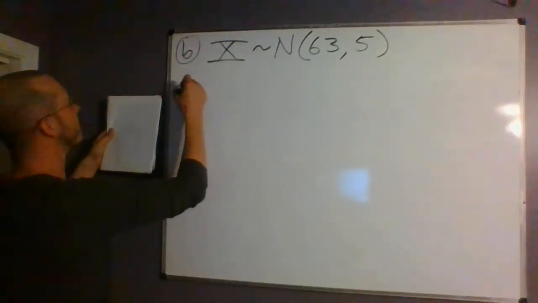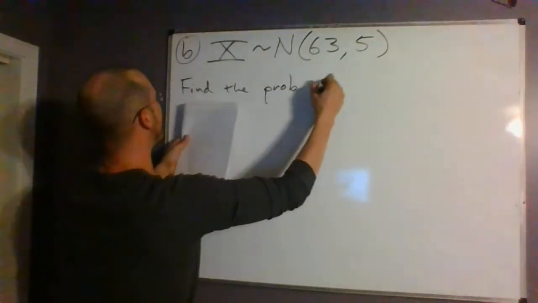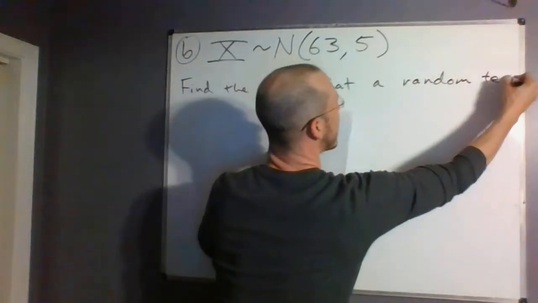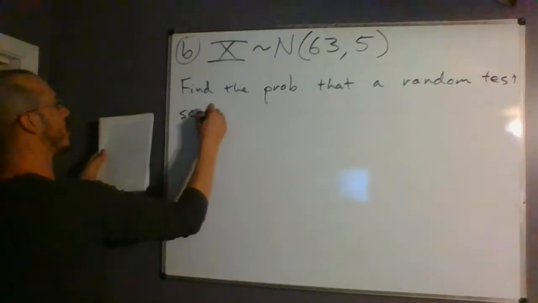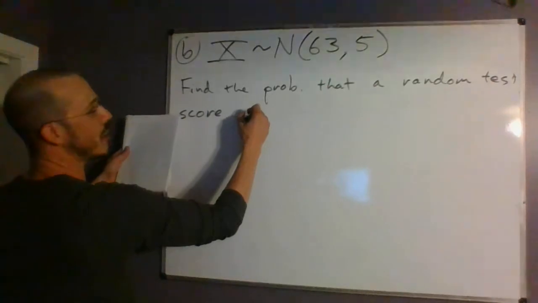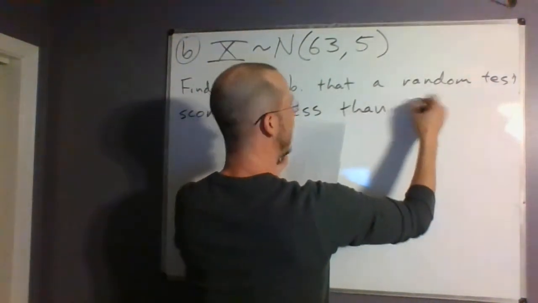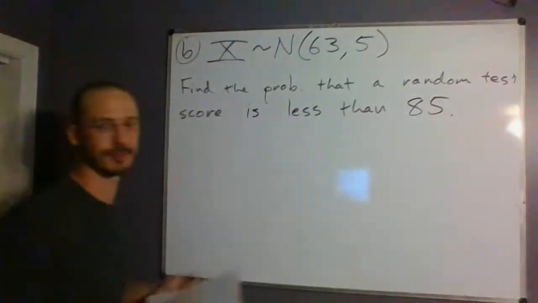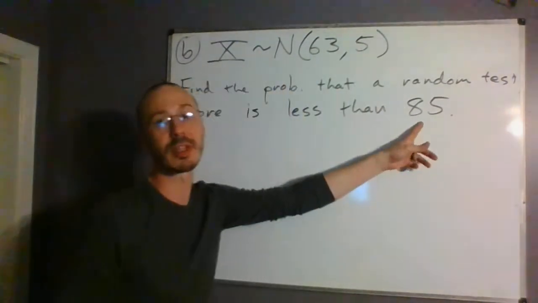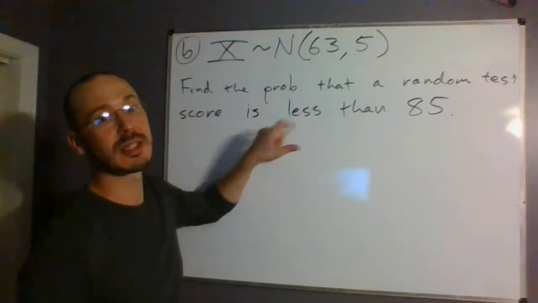And in this case, we want to find the probability that a random test score is less than 85. So different situation in a couple different ways. Different test score for one thing, that's our bound, or one of our bounds. But also less than instead of greater than.